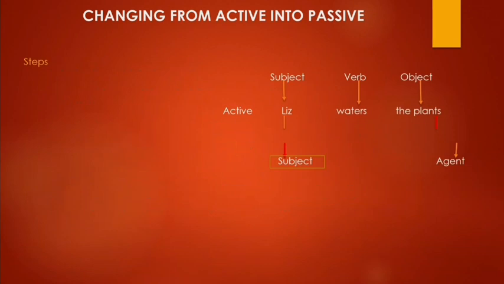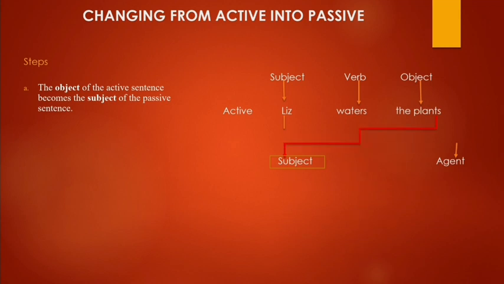Now the changing from active into passive. Here are three steps that we use to form the passive. First, the object of the active sentence becomes the subject of the passive sentence. Here is the illustration in the diagram.